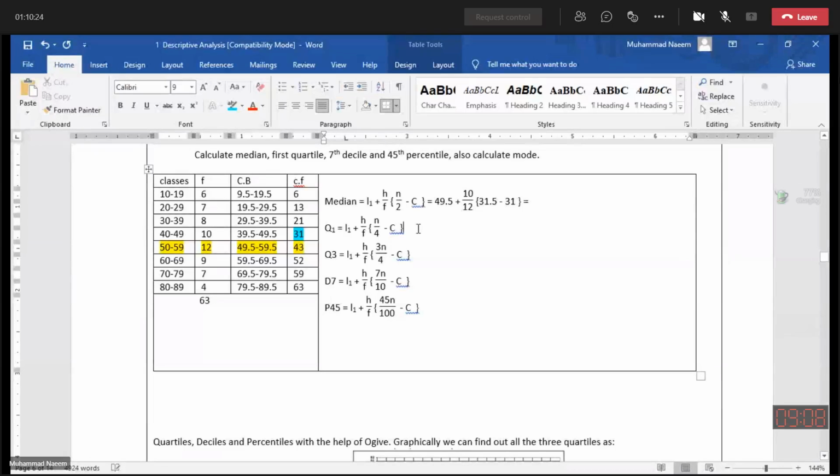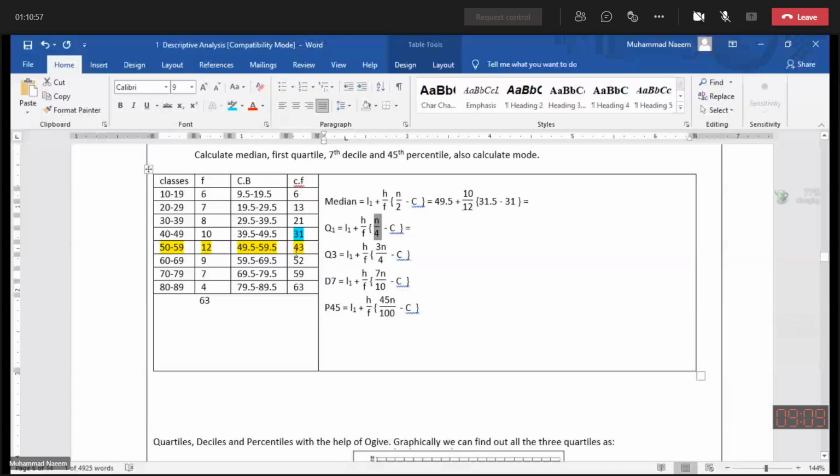Now for Q1, first of all, find this ratio, n by 4, 63 divided by 4. We have 15.75.